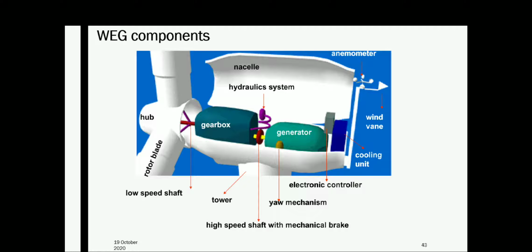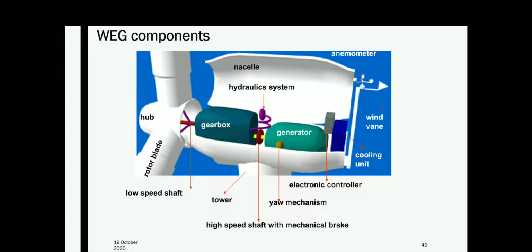The function of the gearbox is to transform the slower rotational speed of the wind turbine to a higher rotational speed on the induction generator side. Then the output voltage and frequency are maintained within the specified ranges by using supervisory metering, control and protection equipment, that is, the electronic controllers presented in this diagram.